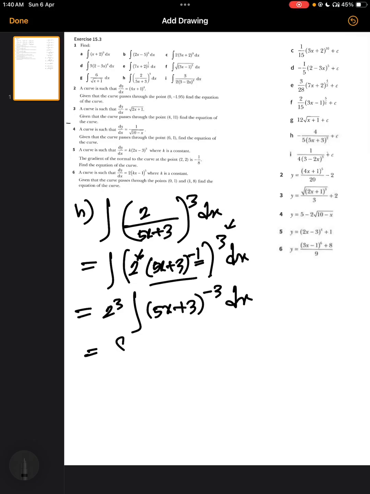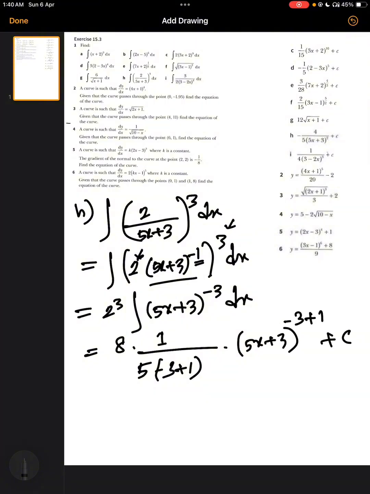So 2 to the power 3 is 8 here. Now here the formula is 1 over a. A is 5, n is negative 3 plus 1, 5x plus 3 n plus 1 plus 3. I guess the answer is correct. So 8 over 2 times 5 which is 10. 5x plus 3 square. I mean, sorry, negative 2.